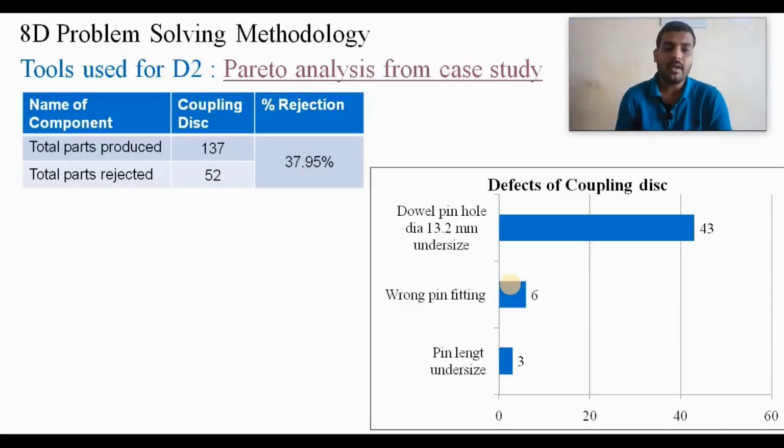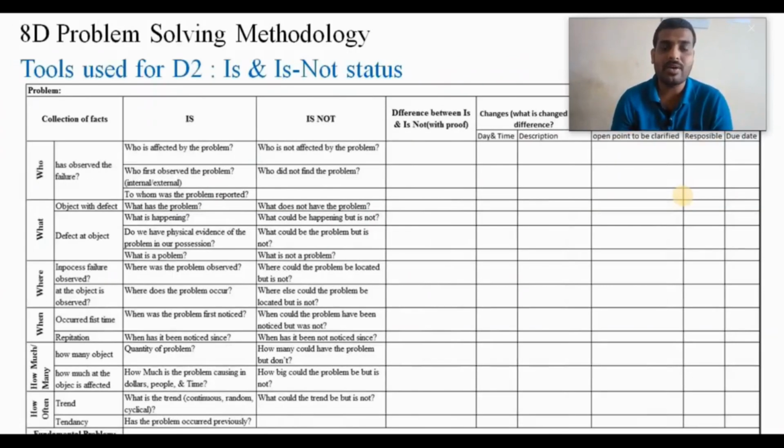Now we will see the second tool used for the problem description. The tool is the is/is not status. This is generally used for converting the problem description to the fundamental problem. It consists of 4W and 2H. 4W stands for who, what, where, when, and 2H stands for how much and how often.